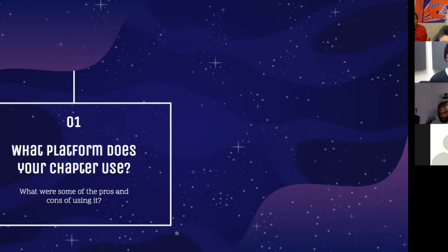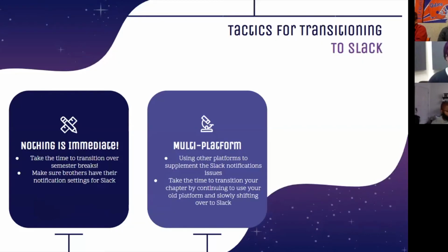We were constantly putting in things that we also already had in Slack, just so that the brothers who weren't on Slack weren't losing any information. So we were trying to most effectively keep things on both pages without it really affecting the other brothers.